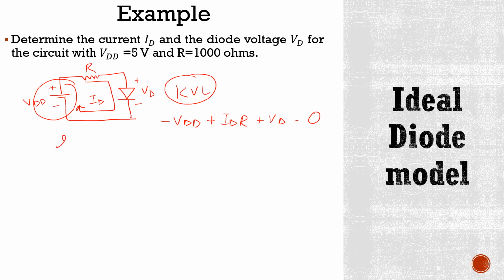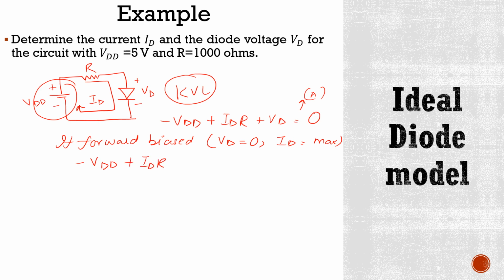Now, if this ideal diode is forward biased, it means VD is equal to 0 and ID is maximum. So now this equation will become minus VDD plus IDR equal to 0.